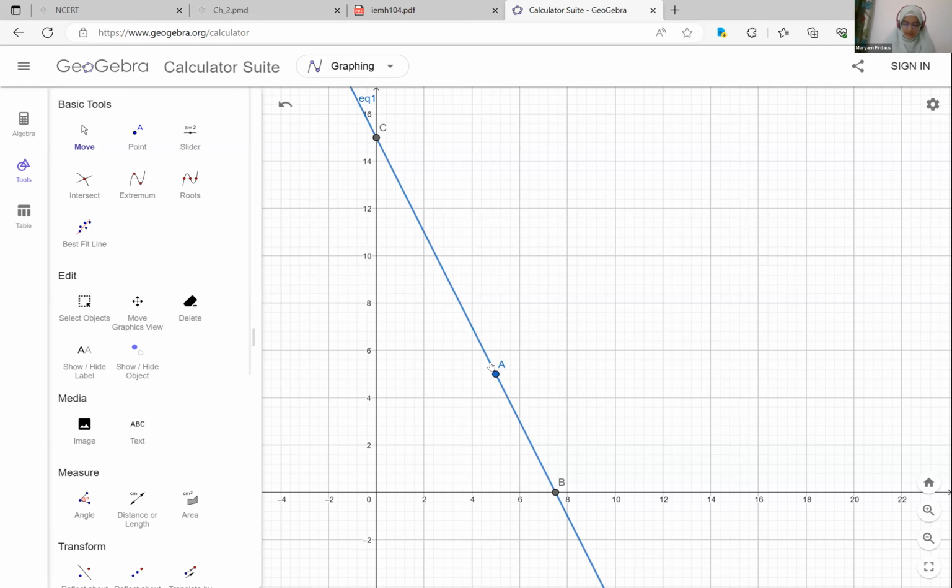Okay. If a point lies on the line or on the graph of the equation, it will be a solution of that equation.